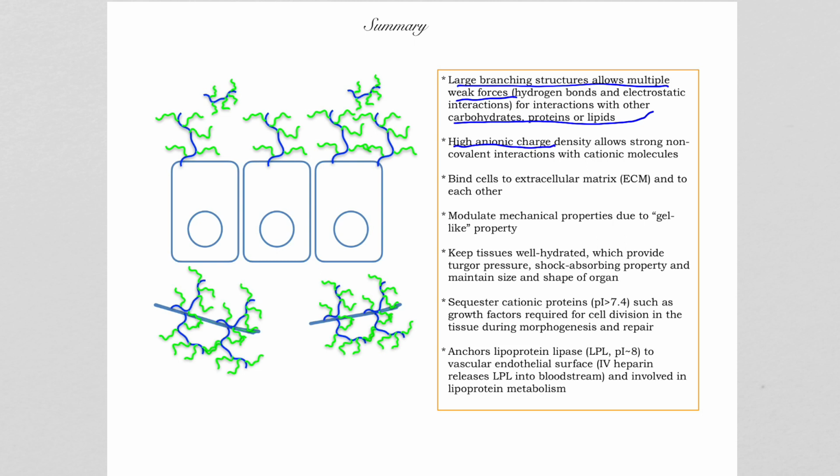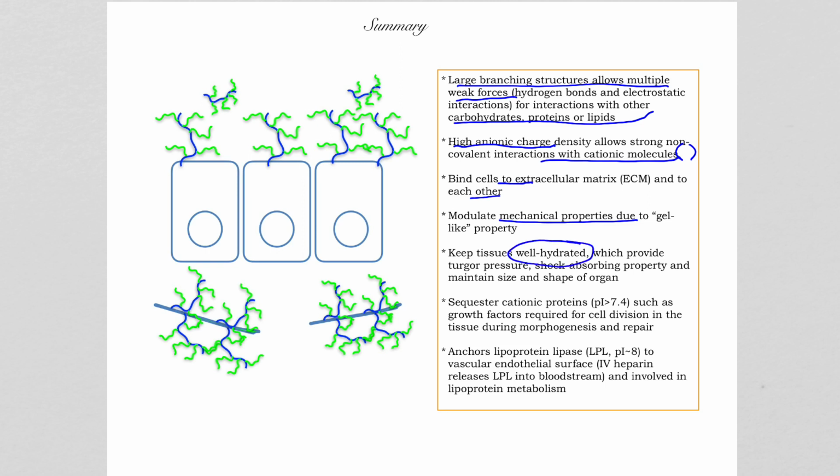High anionic charge, negative charge, allows strong non-covalent interactions with cationic molecules such as growth factors, chemokines, cytokines, and so on. Allows the cells to bind to extracellular matrix and to one another. Modulate mechanical properties due to the gel-like property of these proteoglycans.